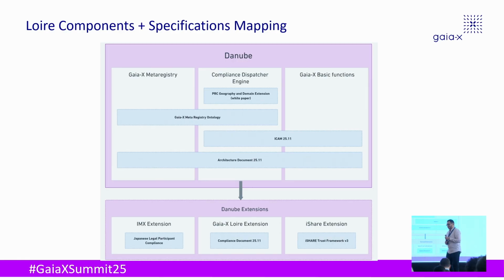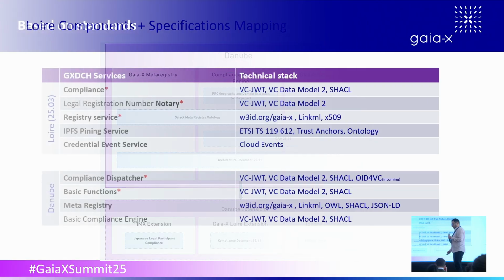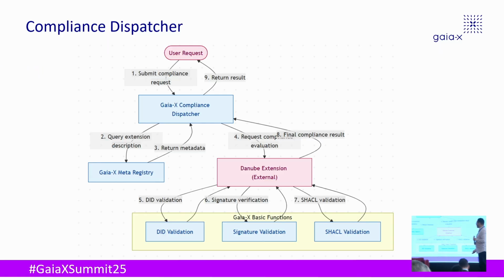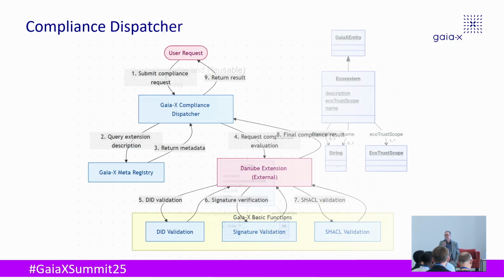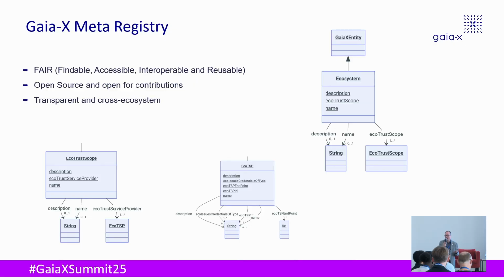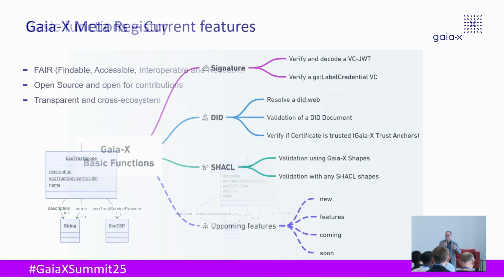Yes, I have another question, very simple, about this schema and all the other one. If I understand it well, you have many inputs into the compliance component, but you didn't explain what would be the output. Yeah, the output is always a verifiable credential certifying that you comply to a certain rule set. In the case of Gaia-X compliance, you get a label credential, which is a VC.